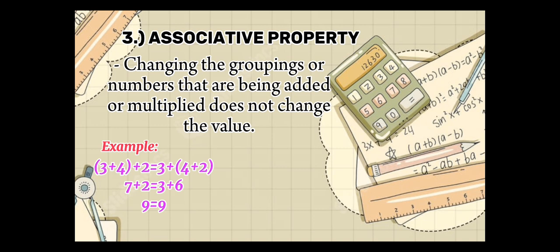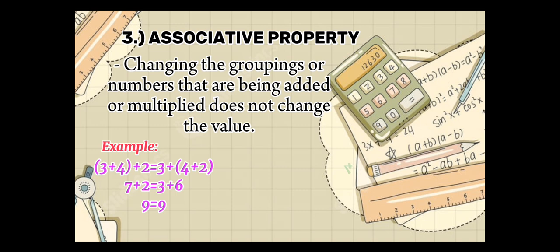To solve this, we need to follow the operations PEMDAS or BODMAS, which prioritizes operations within parentheses first. So, 3 plus 4 is equal to 7, and then bring down plus 2. On the other side, bring down 3 and add 4 plus 2, which is equal to 6. So, 7 plus 2 is equal to 9, and 3 plus 6 is also equal to 9.